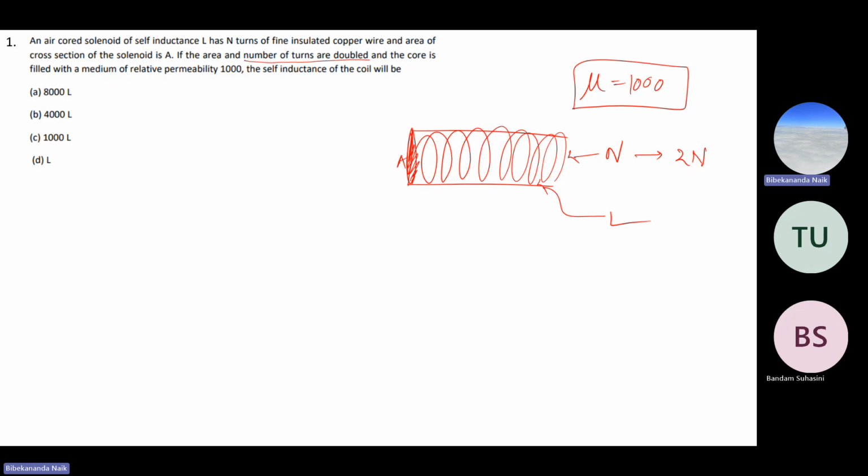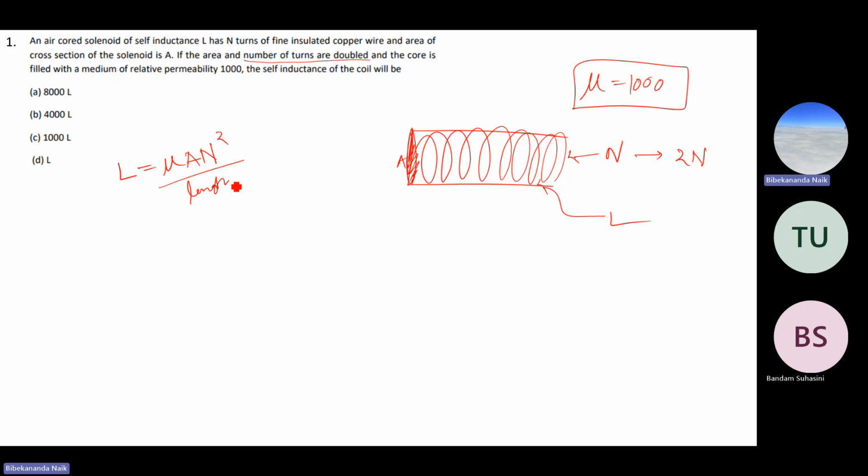So let's solve the question. The self-inductance of the coil is given in terms of the permeability of the core, area, and number of turns.